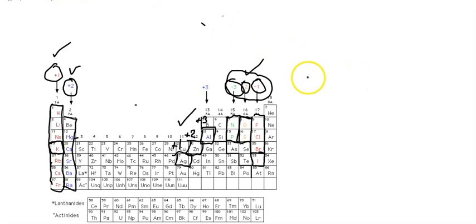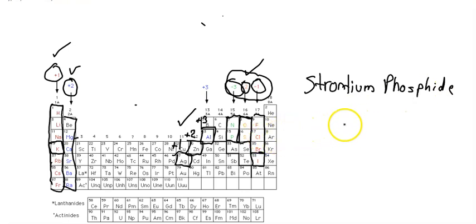So you have strontium phosphide. Strontium is in group 2. Sr is a positive 2 charge.